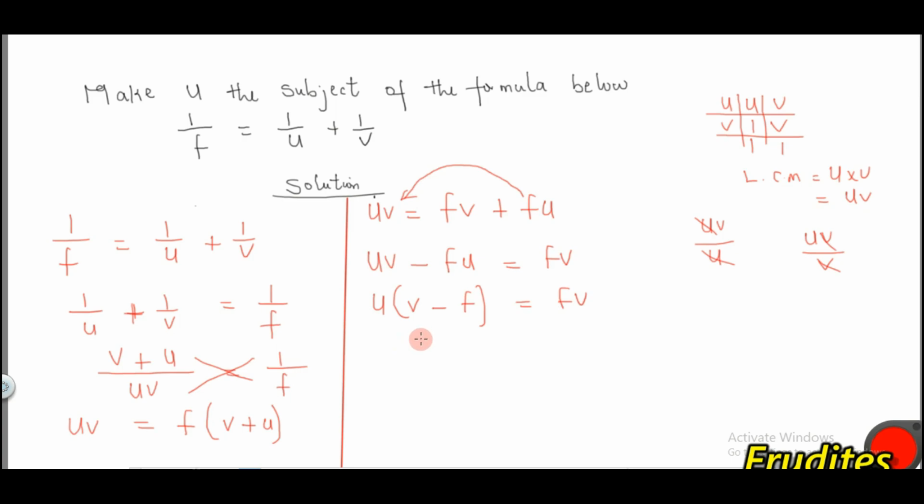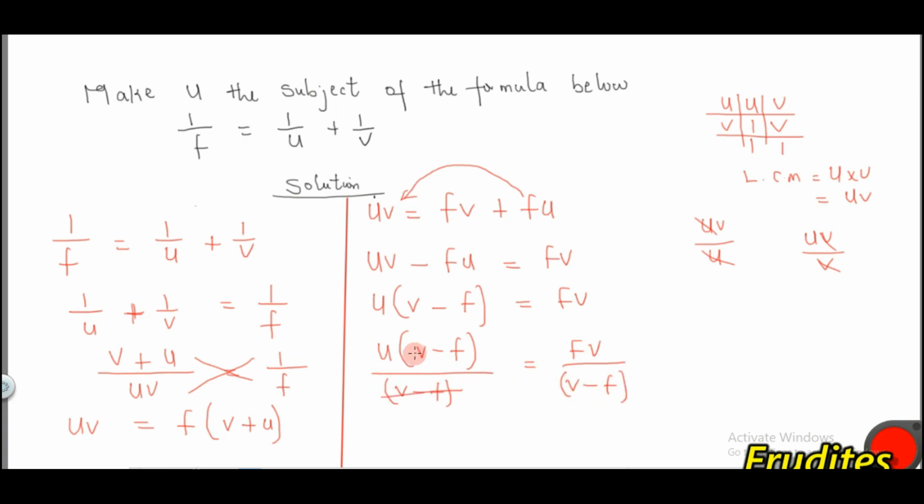So the next thing I will do is to divide both sides by the coefficient of u. The coefficient of u is the alphabet attached to u, and that is v minus f. It's a single entity. So this will be u open bracket v minus f over v minus f is equal to fv over v minus f.